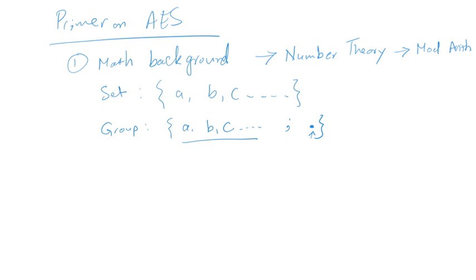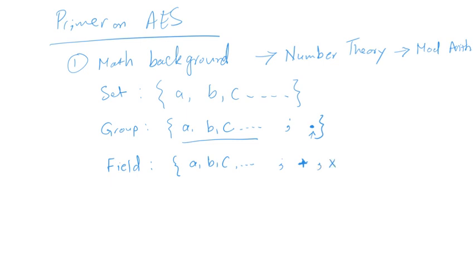Okay. Now, in addition to a group, there is something called a field, which has two things. It has a set and a couple of operations. One is similar to addition, so we say plus operation, and one is similar to multiplication.